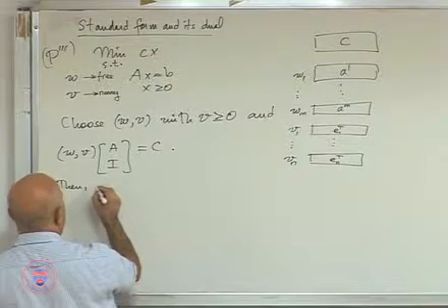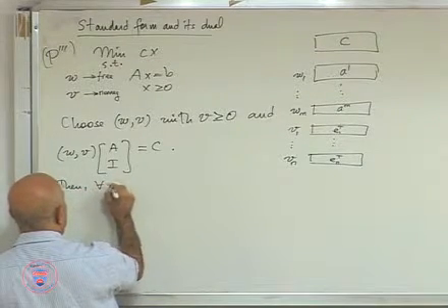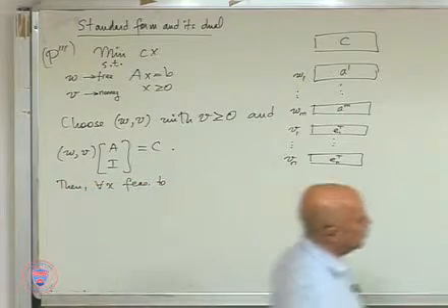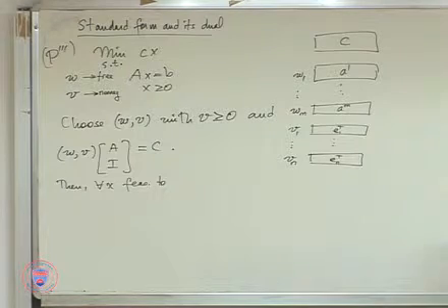If this is satisfied, then for every x feasible to, I don't know, is this P triple prime? Where are we now? P double prime, P triple prime, okay.